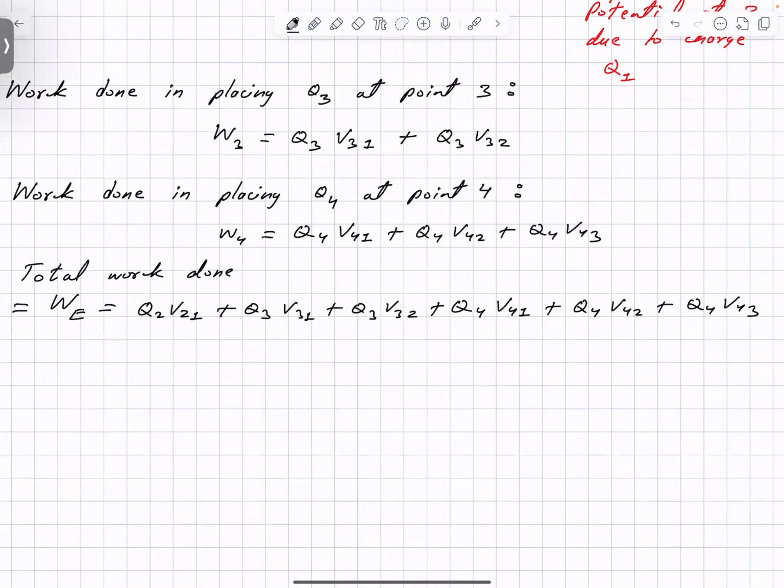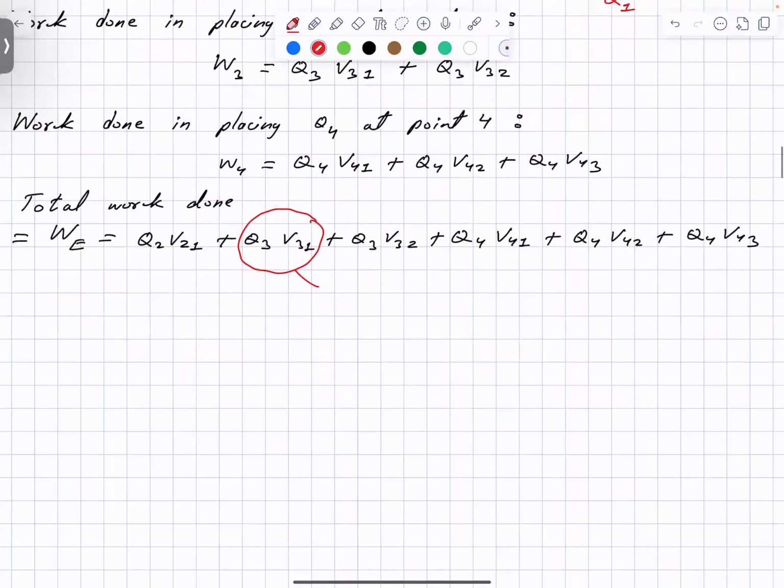And for each term we have in that sum, what we can notice is that if we expand any term, for example, let's try expanding this term. So we have Q3 and then V31, as we know, potential due to a point charge, that we can write as Q1 divided by 4 pi epsilon naught and the distance between 1 and 3, right?